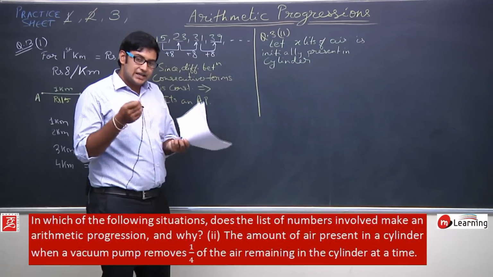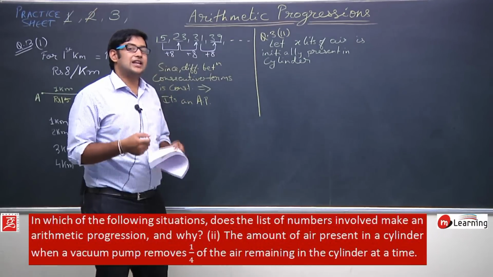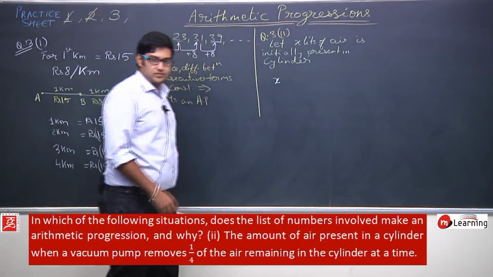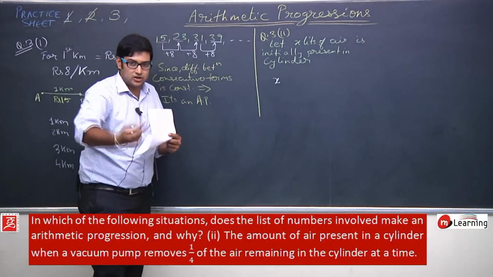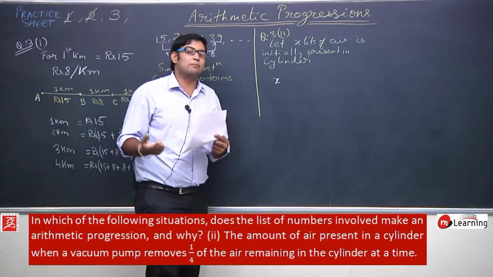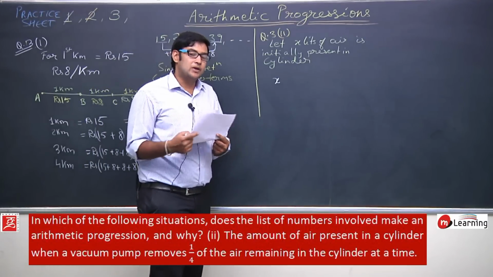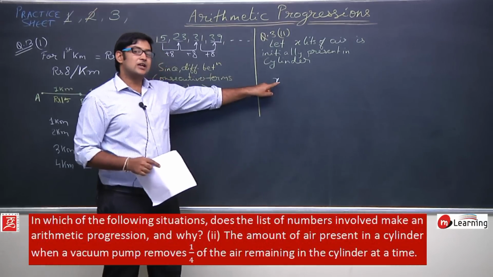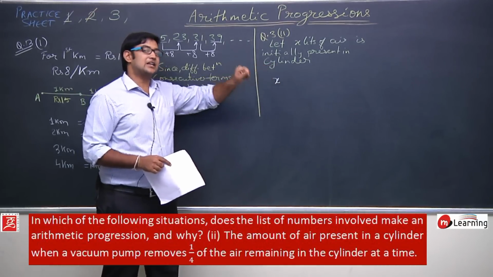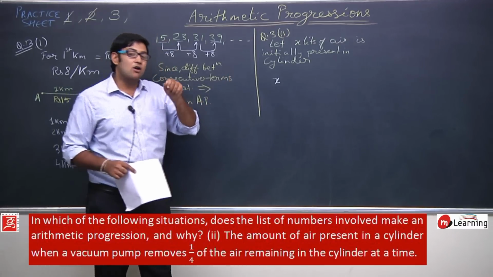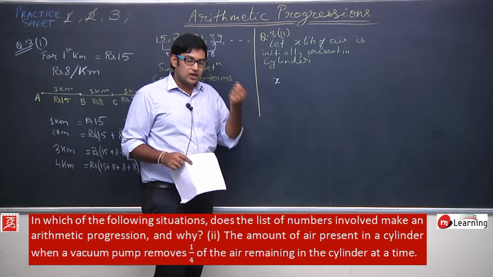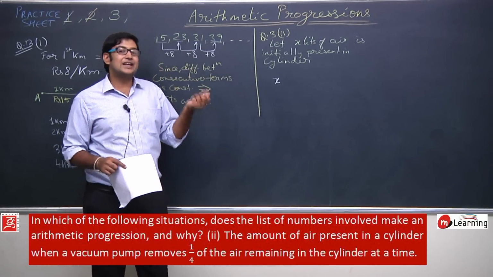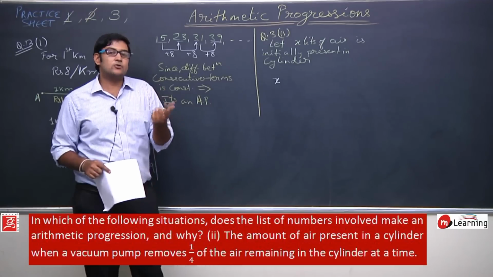So initially the air inside the cylinder is x liters. Now, if I switch on the vacuum pump, it will suck 1/4 of the air present. If x is the air which is present and it sucks 1/4 of the air, how much air will it suck out? It will suck x by 4 liters of air, because it will suck 1/4 of the air.